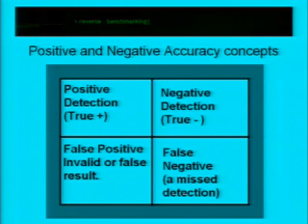But in order to frame this talk and the research, these are just the four quadrants that you could possibly have when you're looking for vulnerabilities. Positive detection would be that the scanner finds a real vulnerability that is there. The false positive, which we're focused on, is where the vulnerability is not there, but the scanner, in fact, finds a vulnerability that isn't there. And so that's the focus.